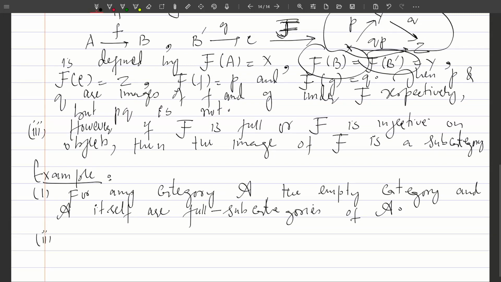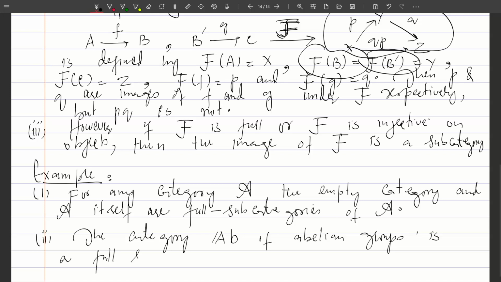The category AB of abelian groups is a full subcategory of the category GRP of groups.